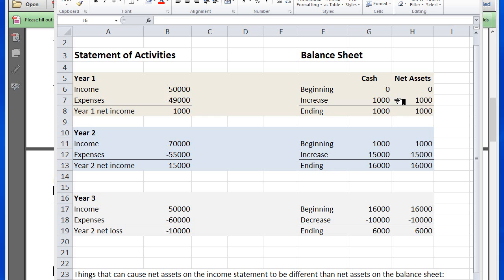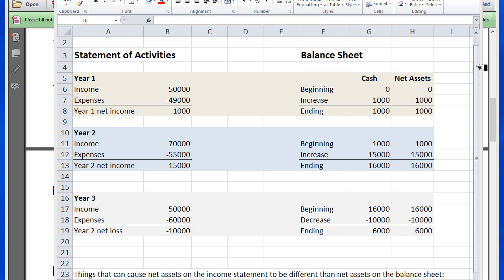In that case, our cash would go down by $500 and our liabilities would go up by $500, and it would wash on the balance sheet. Transactions that only affect the balance sheet will not affect net assets. Only transactions that go through the statement of activities, in other words, they're either an income or an expense item, only those will affect net assets.